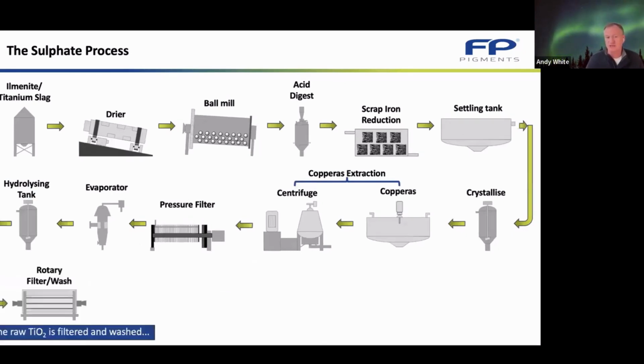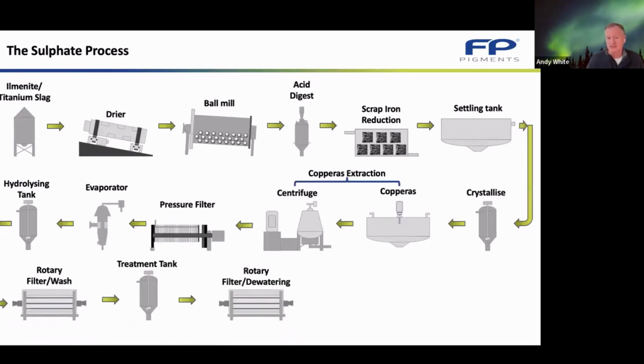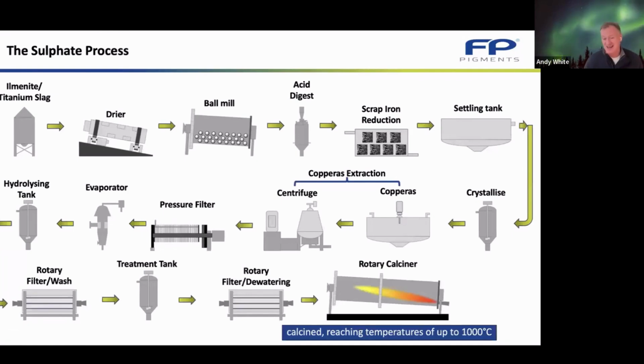Then hydrolyze it, and from the hydrolysis tank, after you've washed it and treated it, you're going to dewater it, and then put it into a rotary calcination oven, a great big oven about the length of a car park, that will gradually, at a temperature around 1,000 degrees centigrade, produce the tiny titanium dioxide crystals. It all seems pretty complex.